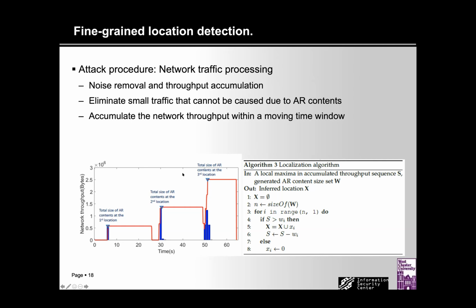And we try to eliminate some small traffic that is maybe not caused by the AR content, but by some errors or some other issues, some interference issues. And we try to accumulate the network throughput within the moving time window.